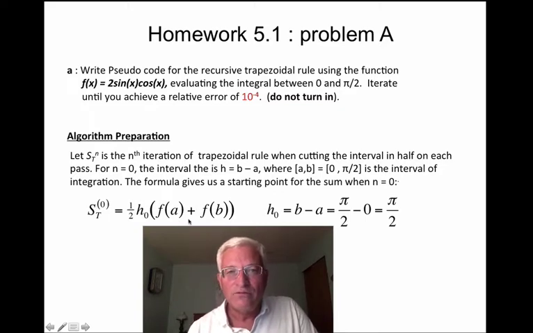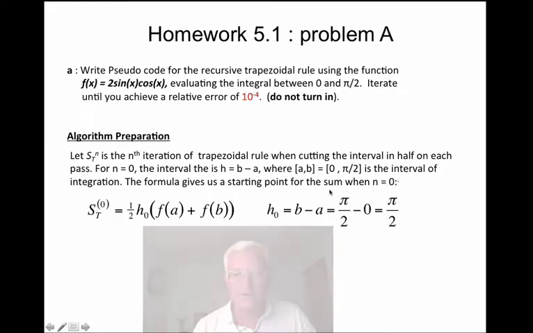Well, the formula for the area of a trapezoid is the average height times the base. Our initial base is going to be the full interval, and the trapezoid average height is the function evaluated at the low point plus the function evaluated at the high point divided by 2. So this represents one trapezoid, or the area of one trapezoid.